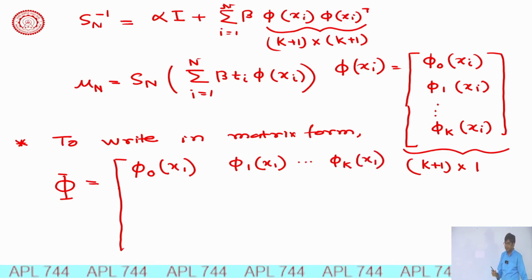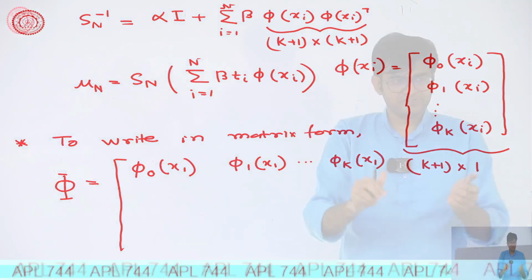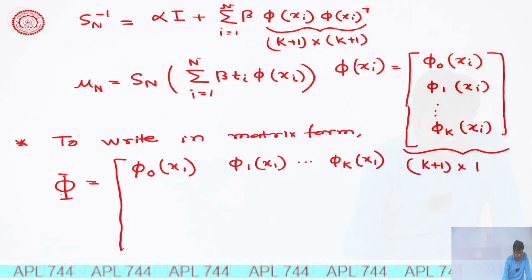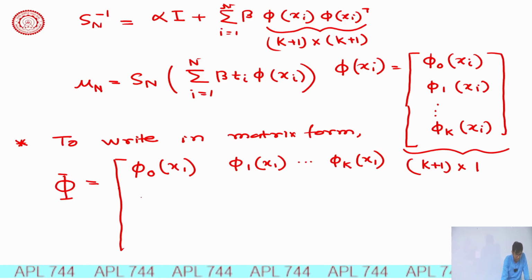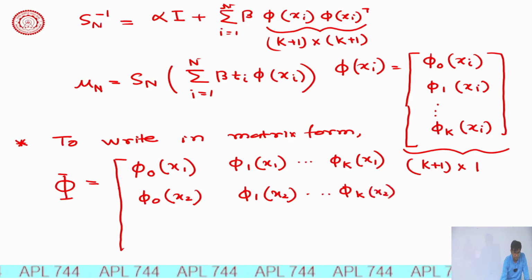So, this is basically the transpose of the vector I wrote earlier, right. So, you will basically transpose it and then stack it row wise, okay. The second one will be phi 0 x 2, phi 1 x 2, and then you will go up to phi k x 2, okay.